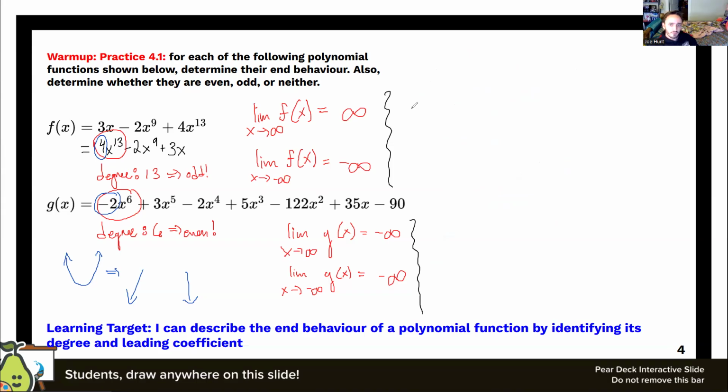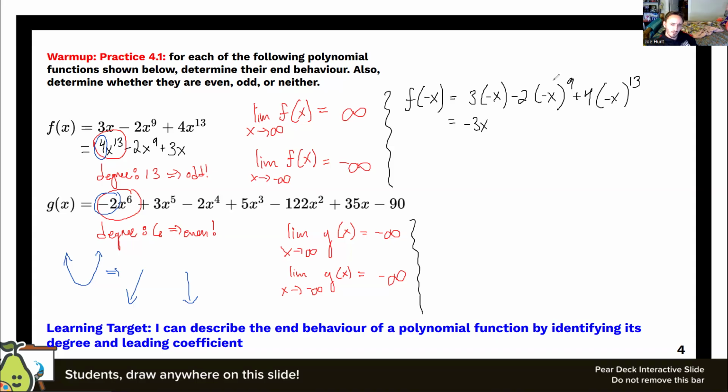So let's say that I'm working with f of x. I'm going to deliberately feed it a negative x, and I want to see what happens. So I've got 3 times negative x minus 2 times negative x to the 9th plus 4 times negative x to the 13th power. Now, 3 times negative x is just negative 3x, right?